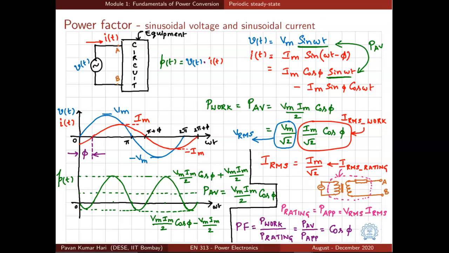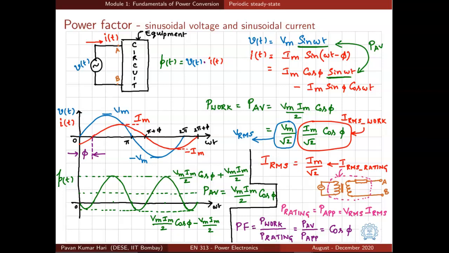That means even though to do useful work our equipment needs only a fraction of current Im by root 2 cos phi, we should rate our equipment, or we should select the transformer and the intermediate cables in such a way that they can carry a full current Im by root 2 and operate safely.